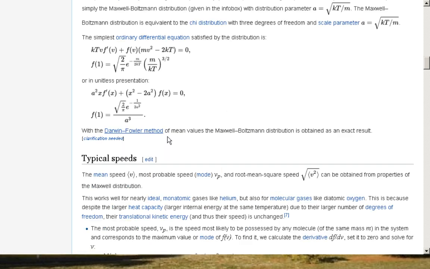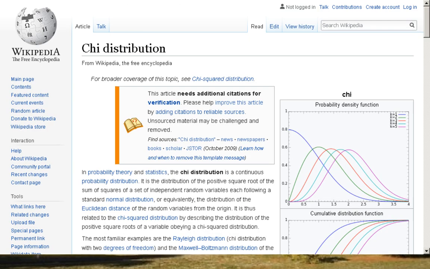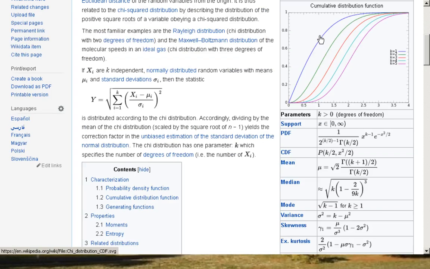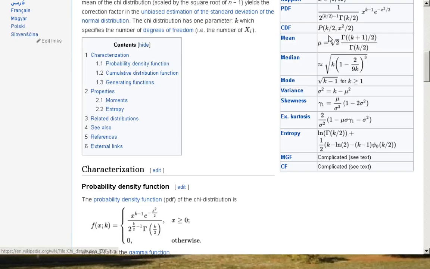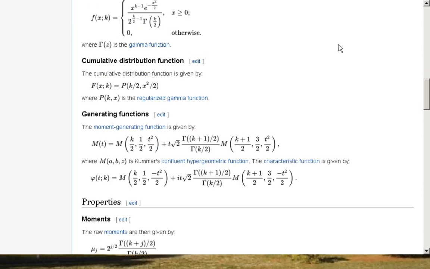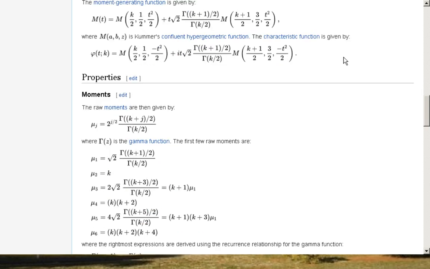With the Darwin-Fowler method of mean values, the Maxwell distribution is obtained as an exact result. Cumulative distribution function. I'm not too much into statistics. I mean, I understand a little bit. Moment generating functions, properties.